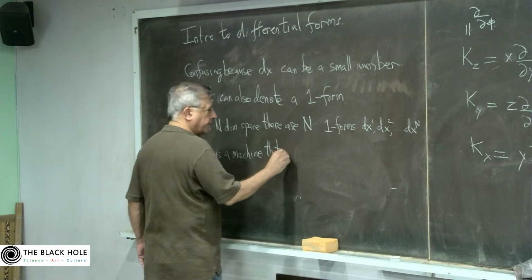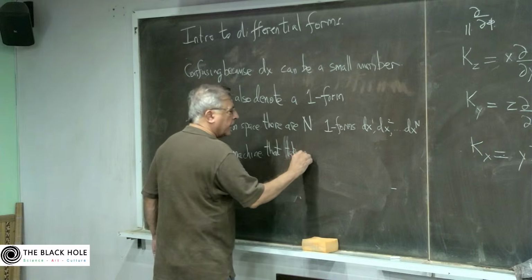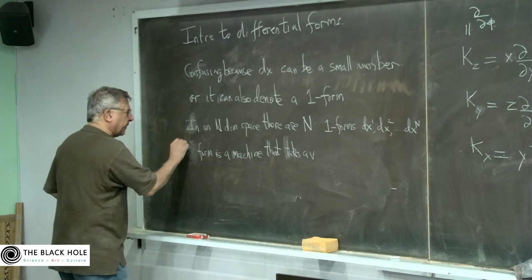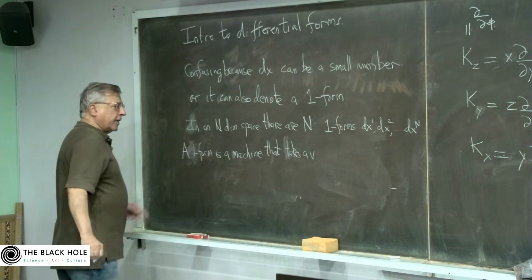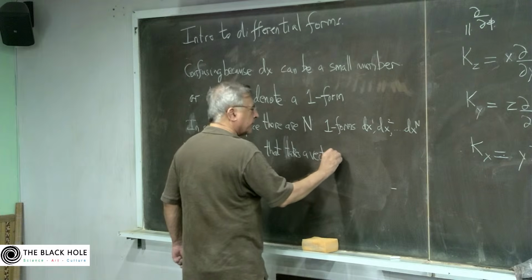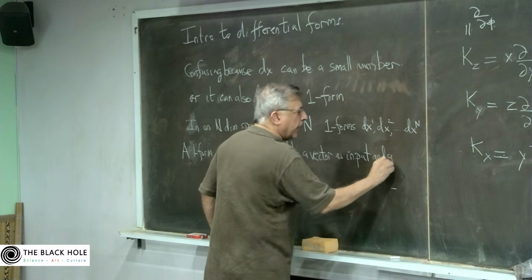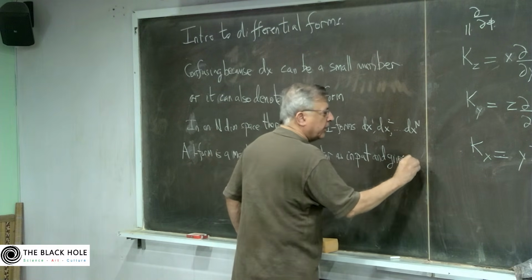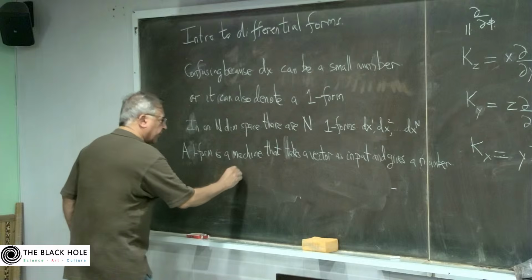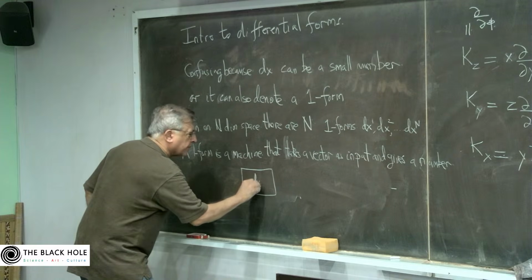A one form, I should say, is a machine that takes a vector as input and gives a number. So this is my machine.